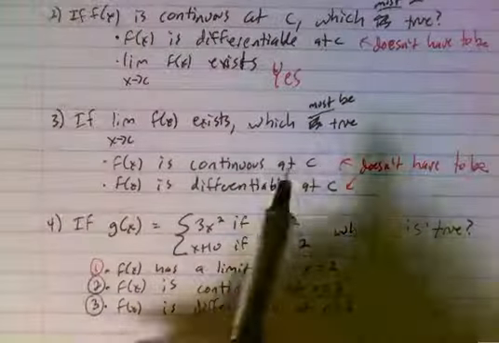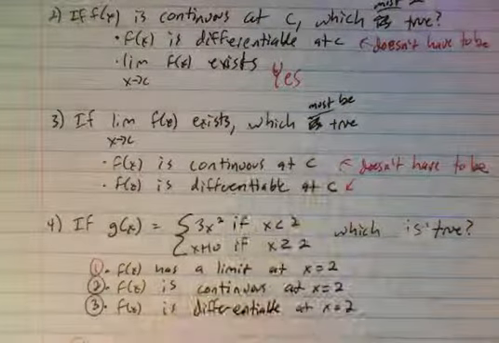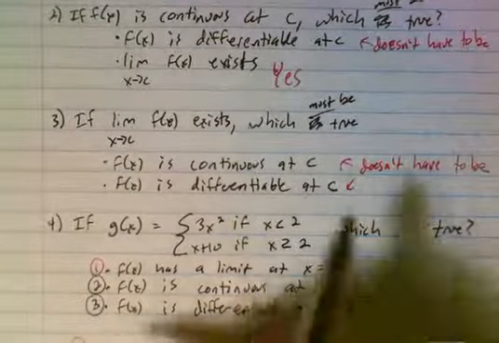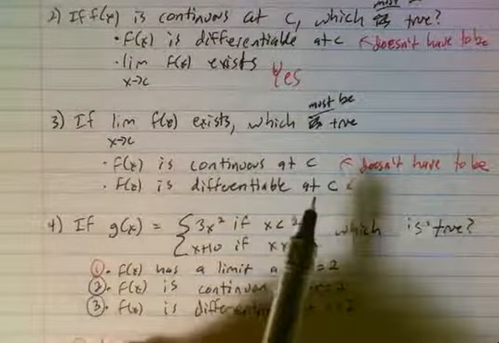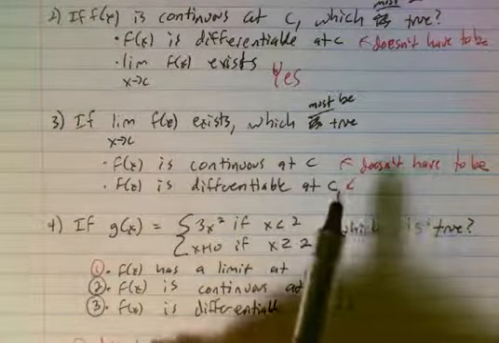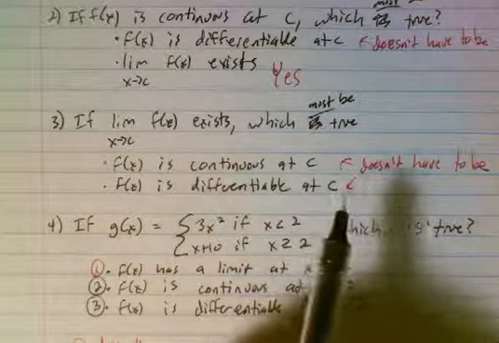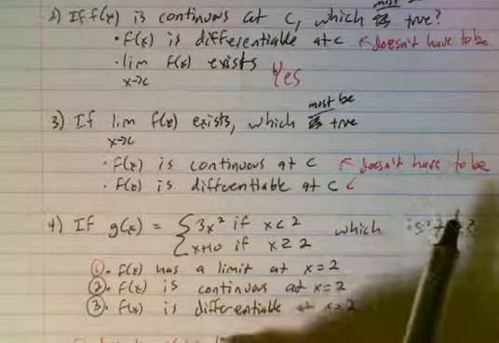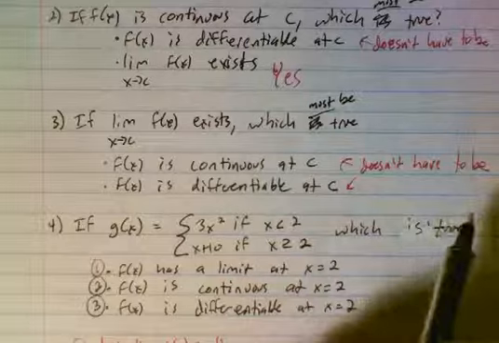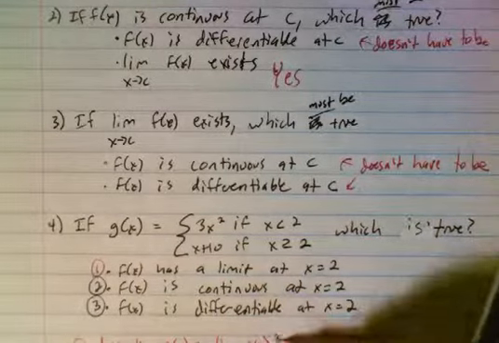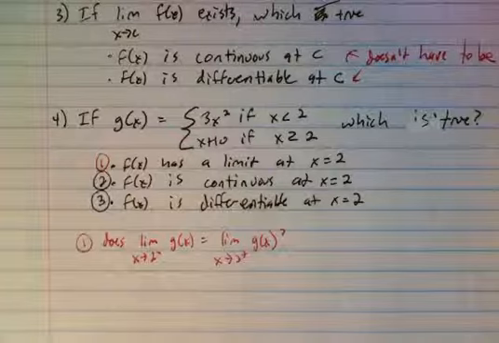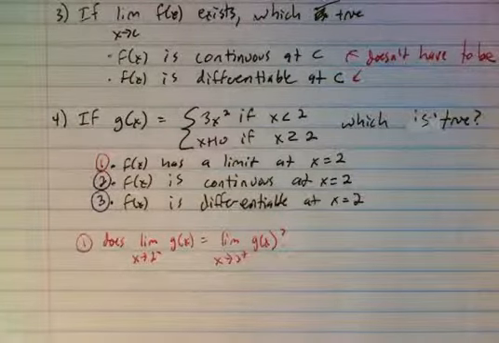So to find out this first one, overall limit just means that we've got the left limit and the right limit. So let's go ahead and find that.